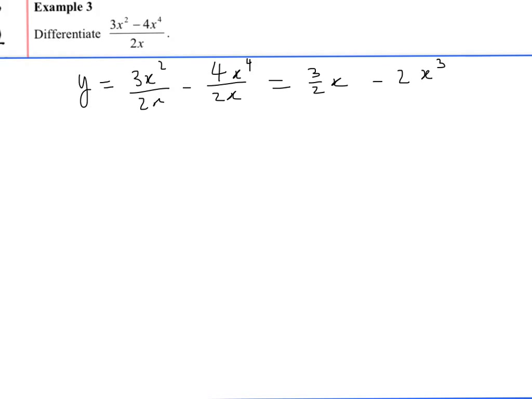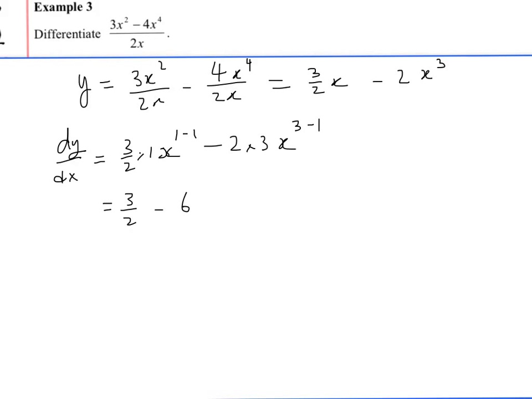So now it's in standard index form. We can now differentiate, so we'll write down dy over dx equals, and then for the first one, we've got 3 over 2 times 1 times x to the power, take 1 away from the power, so 1 take away 1, minus 2 times 3 x to the power of 3 take away 1. So this gives us 3 over 2 take away 6x squared.